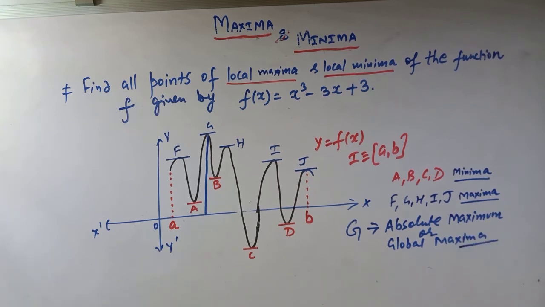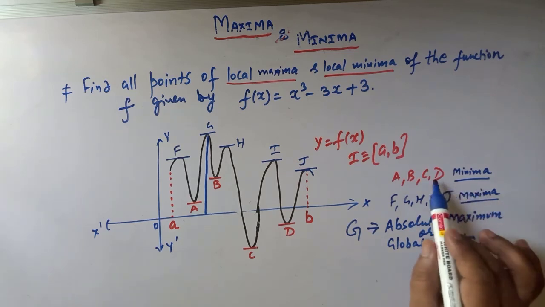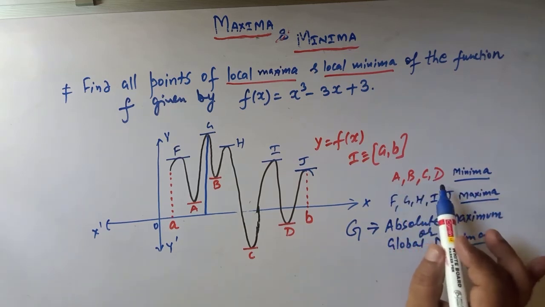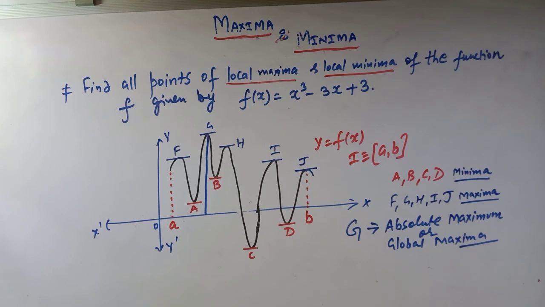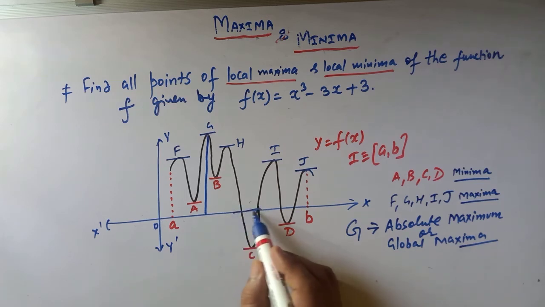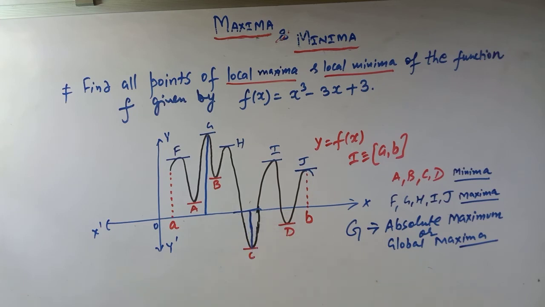And here the points of minima are A, B, C, and D. What is the lowest value? I think this is the lowest value.